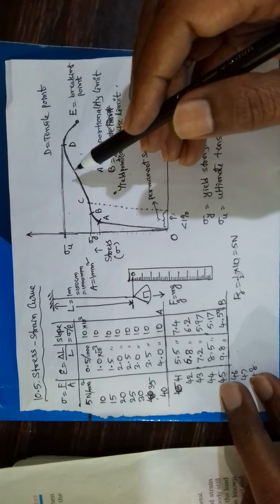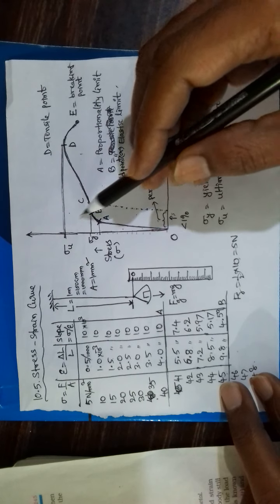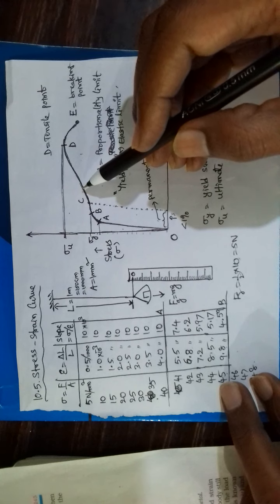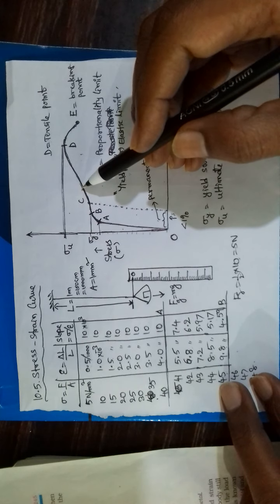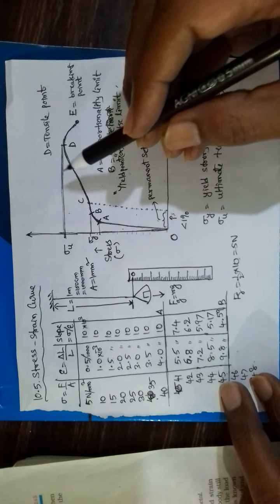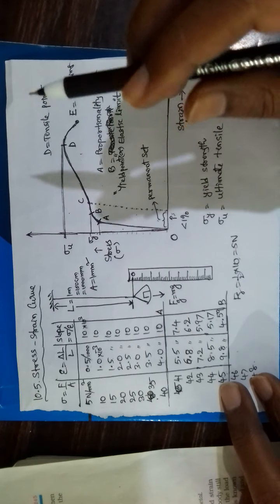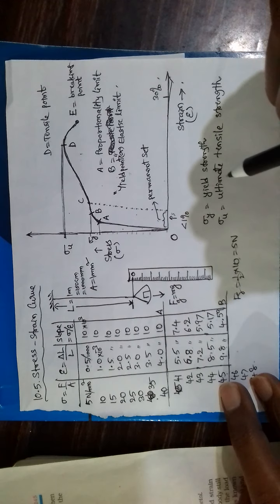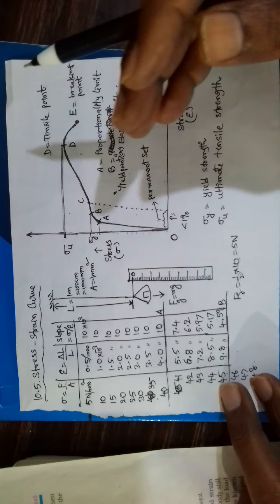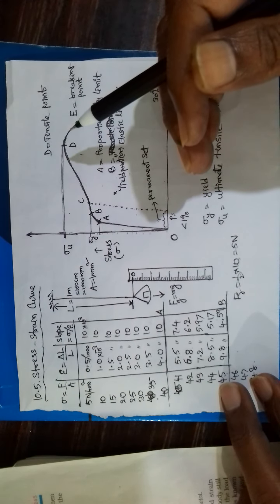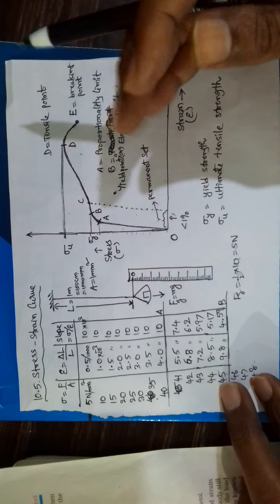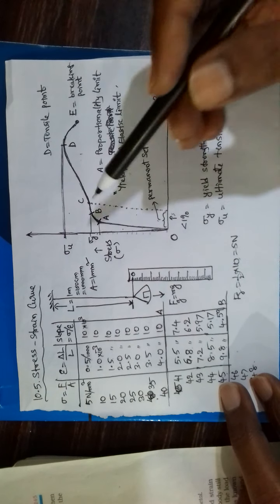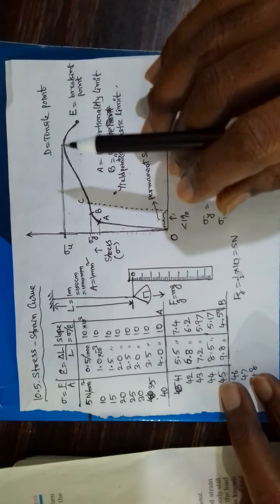So up to some stress value, it is partially elastic and partially plastic, and after certain value it is totally plastic. Its behavior is plastic. How can you say its behavior is plastic? Means if you remove the load, the pointer should show the previous reading, but here it will not show the previous reading.